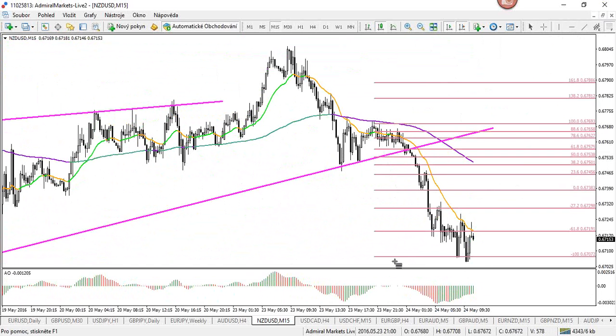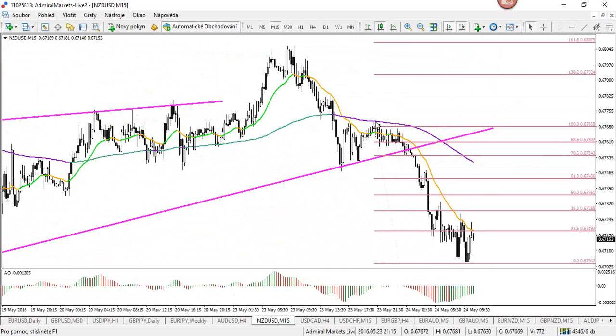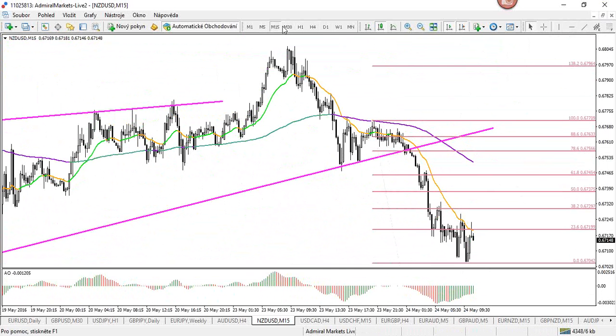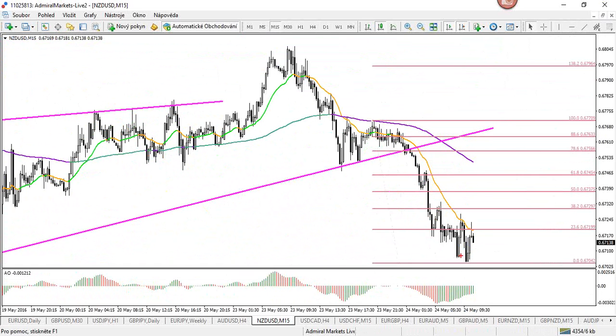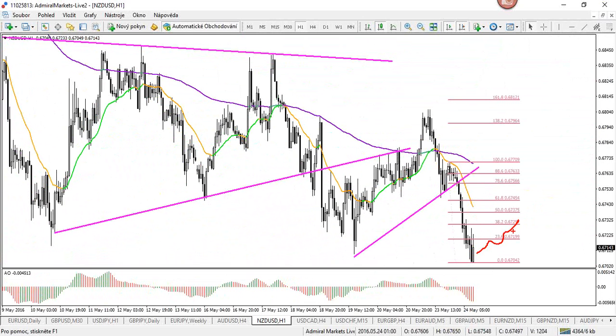I don't think we had a really significant pullback on this Kiwi, so I think it could still retrace potentially. If it does retrace, I think it could still be interesting. If it makes some kind of bull flag, like a bear flag on a 30-minute chart, I think it could be an interesting retracement after this break here.